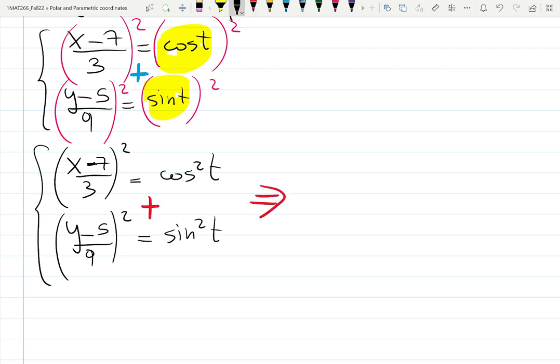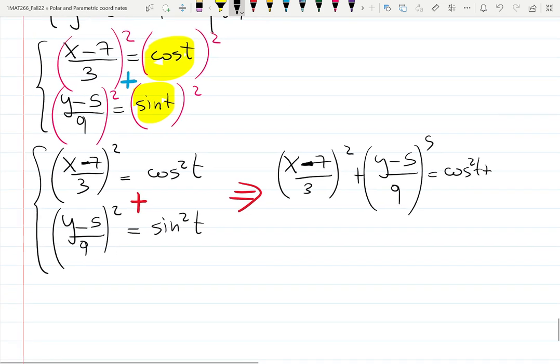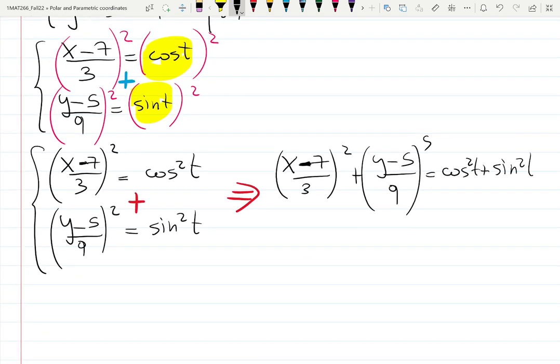And it will give me this new equation: x minus 7 over 3 squared plus y minus 5 over 9 squared equals cosine squared t plus sine squared t, which is 1. The right-hand side is 1.